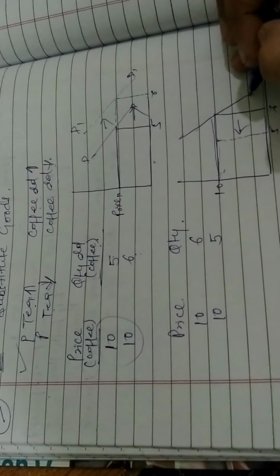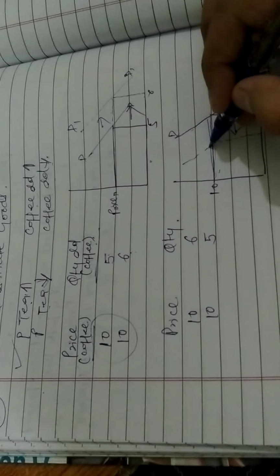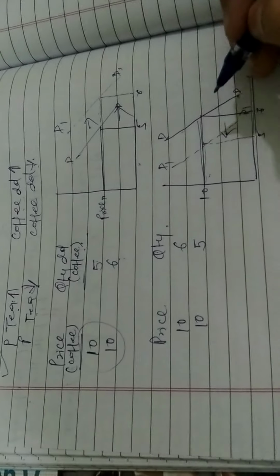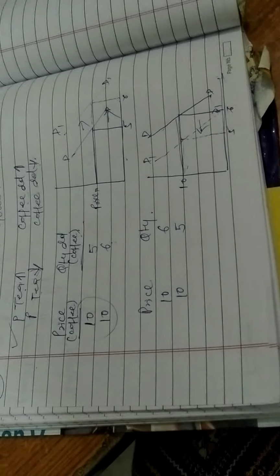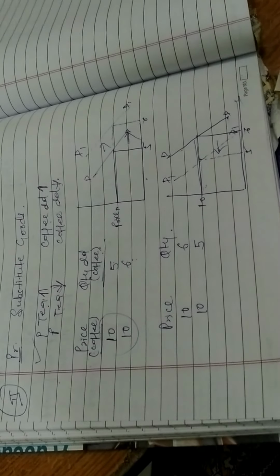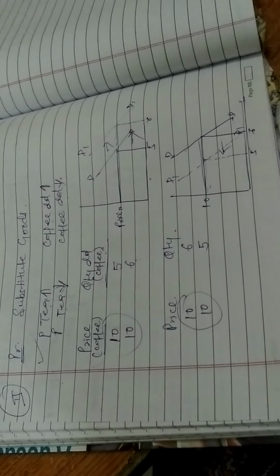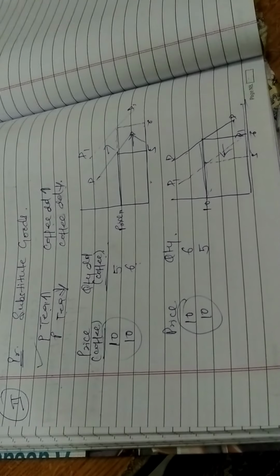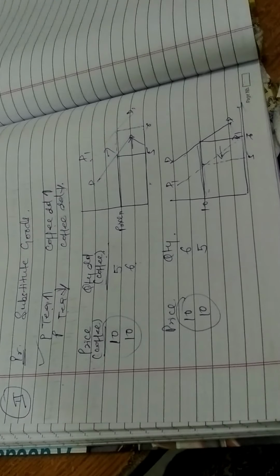DD is the initial demand curve, and the demand curve shifts leftward from DD to D1, because there is a fall in demand of coffee due to change in price of its related good, which is tea. Its commodity's own price is not changing here. There is a change in another factor, which is the price of related goods. So these are the two cases in case of substitute goods. I hope it is clear to you.